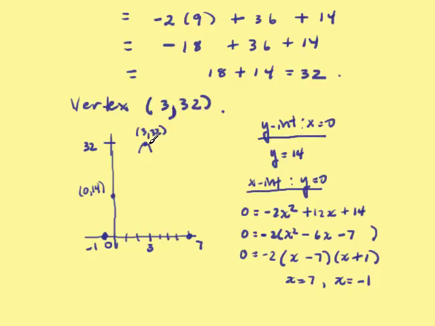Okay, so that looks like it's enough information for us to draw a graph, and it looks like the intercepts are correct. And that's our graph.